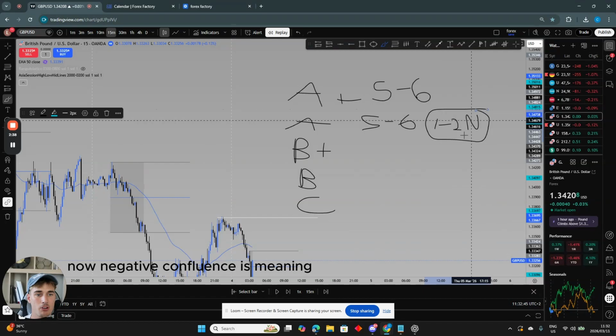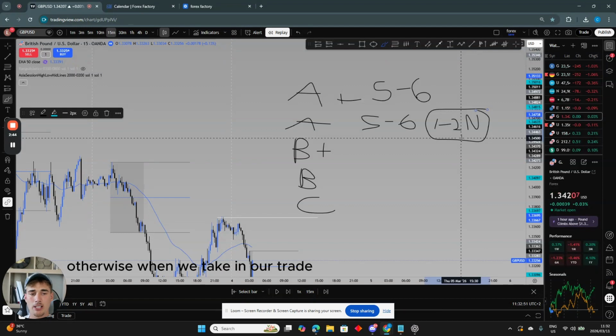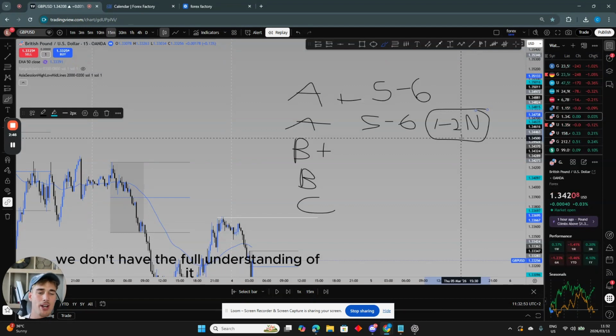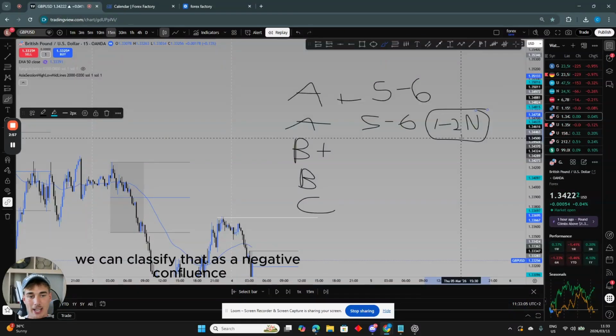Now, negative confluences mean something that we've got to be cautious of in the markets, okay? Otherwise, when we take our trade, we don't have the full understanding of it. For example, let's say I'm trying to buy the market, but overall the market has been bearish. We can classify that as a negative confluence.